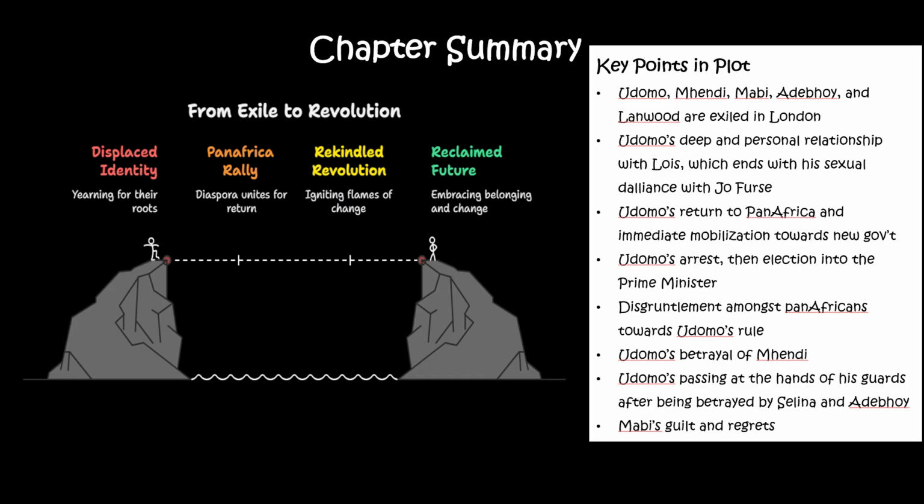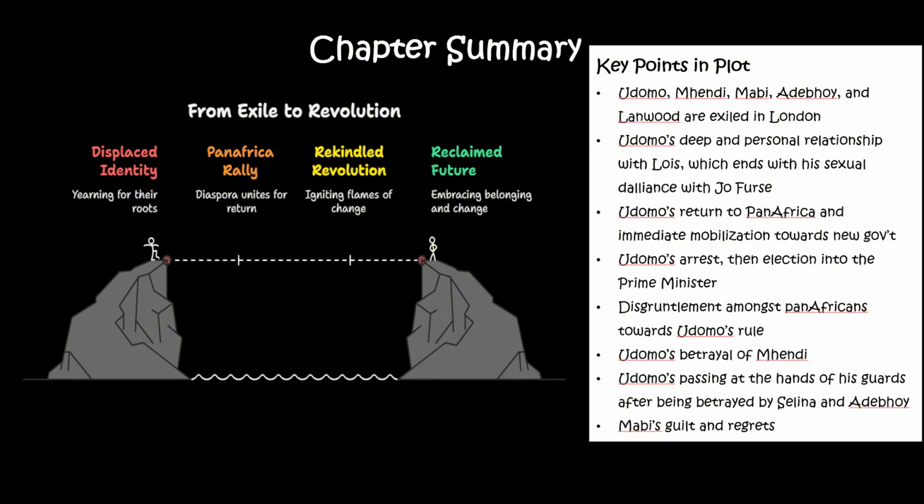Amongst his key European associates is Lois, a white English woman who becomes romantically involved with Udomo and supports his cause. Their relationship progresses well as Lois gives Udomo space to grow and uplifts him from his poverty. The two even go further to promise each other forever.